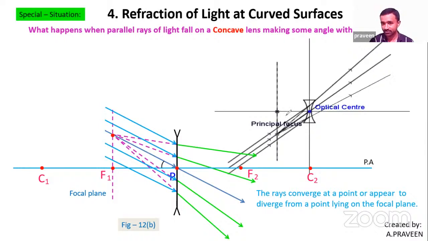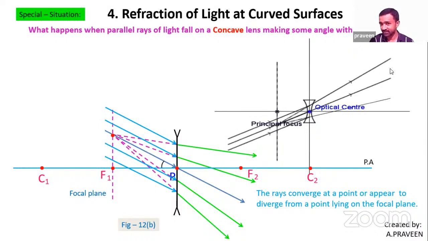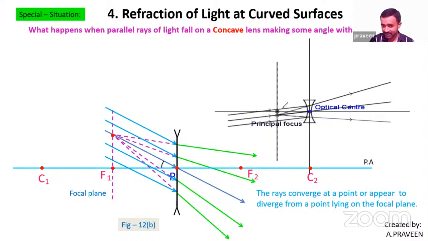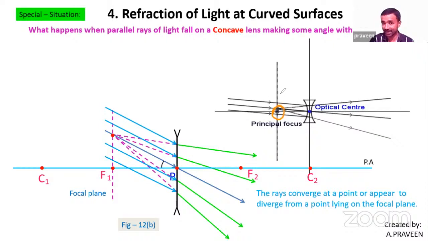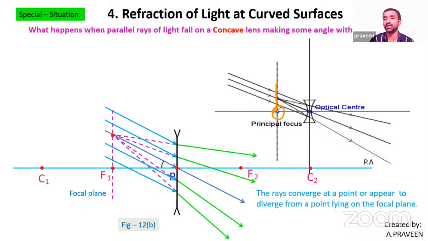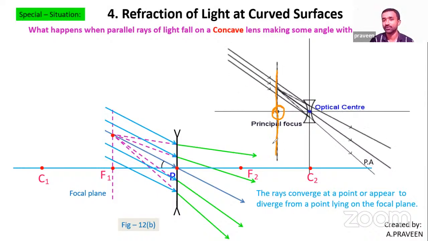Here they are diverging after the refraction. But always they seem to meet at a common point everywhere. See here, that point is always lying on the plane called the focal plane. Right?